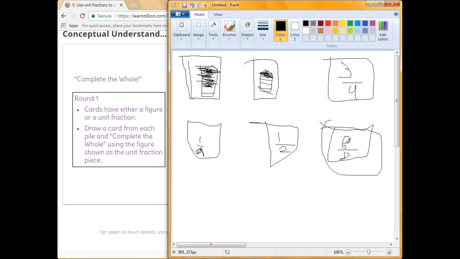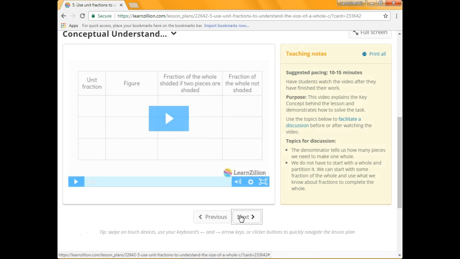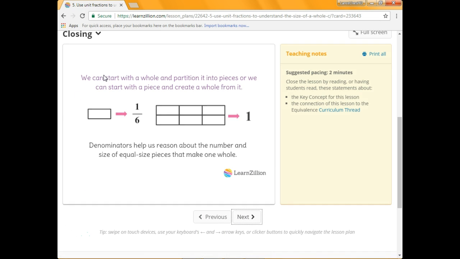And then I guess we'll complete it by making it an 8. I'm not sure. But I guess that's what we did. So we can start with a whole and partition it into pieces, or we can start with a piece and create a whole from it.